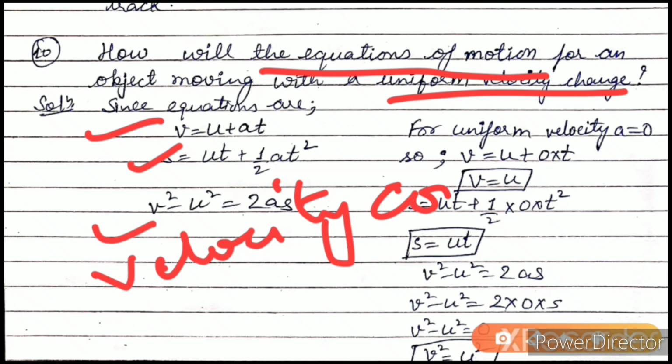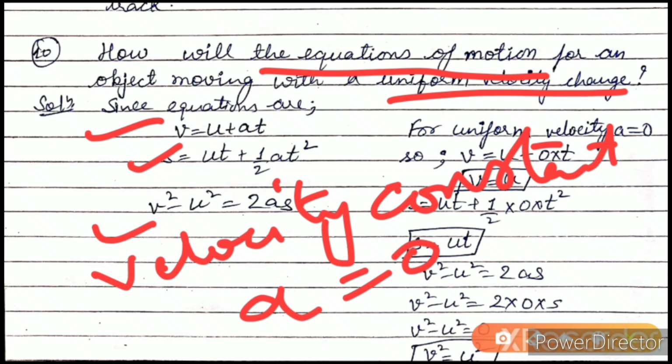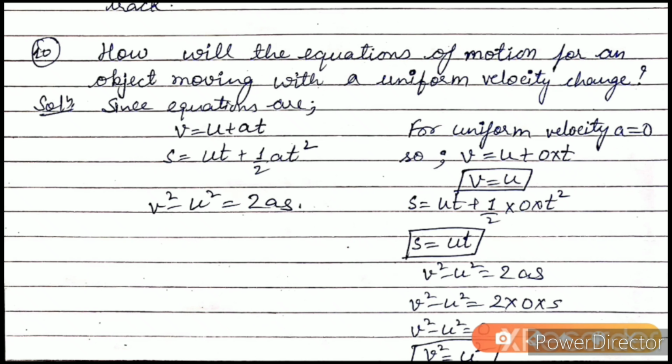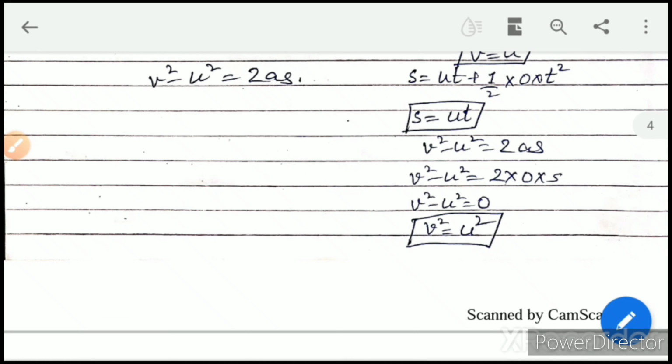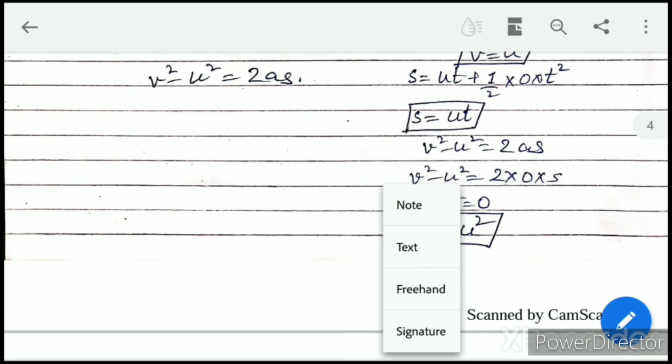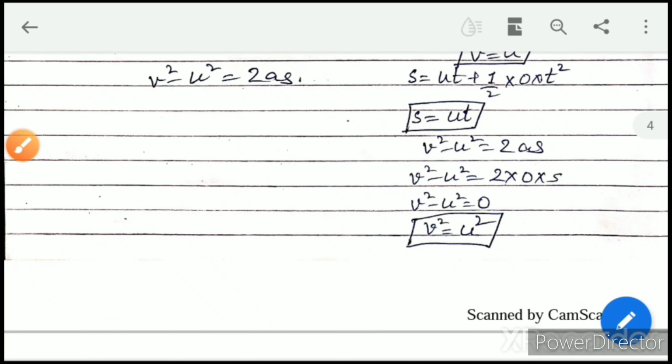If velocity is constant, that means acceleration is equal to 0. So in the first case, if a is equal to 0, this will be the first equation of motion, and if a is equal to 0, this will be the second equation of motion, and if a is equal to 0, we will get this as the third equation of motion, that is v square is equal to u square.